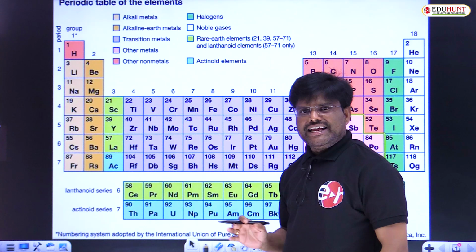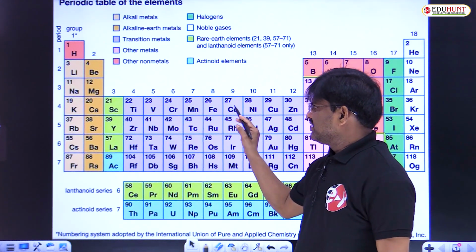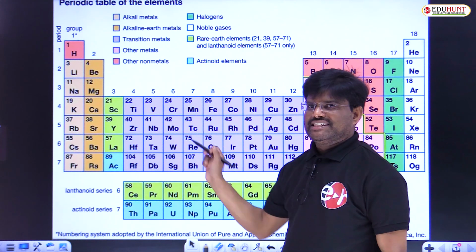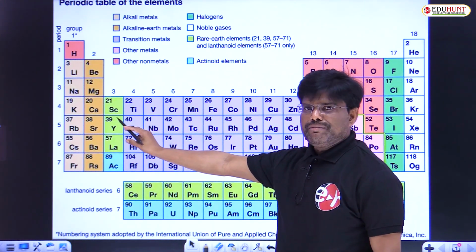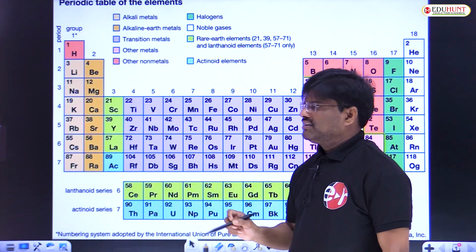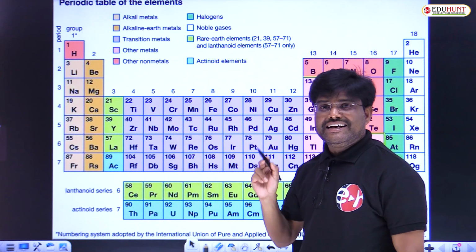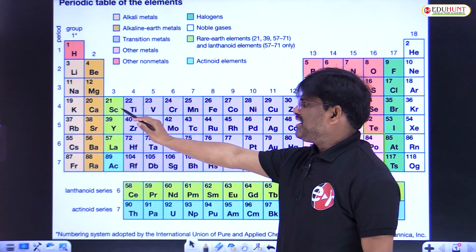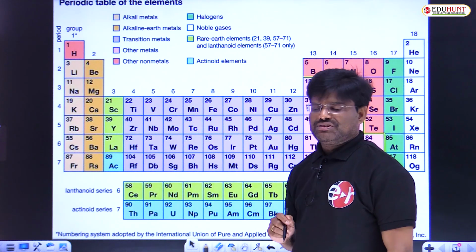One more point: D block elements contain 4 series. The first series is the 3D series, which starts from scandium to zinc. That is the first 3D series, from scandium to zinc, 10 elements.